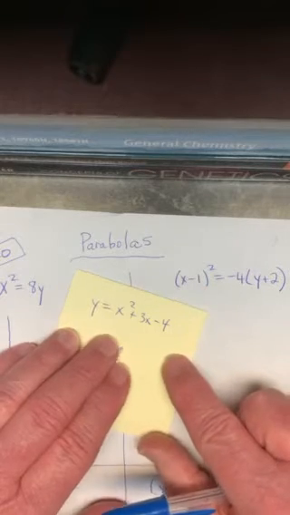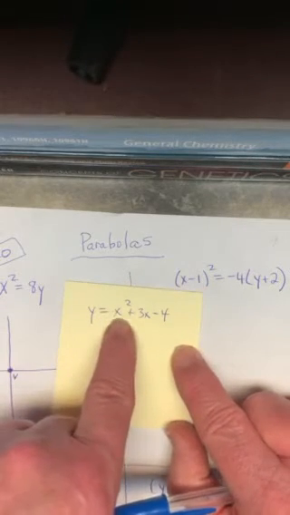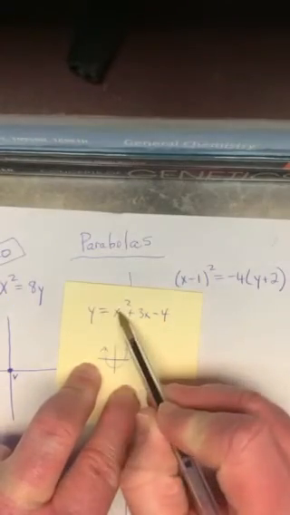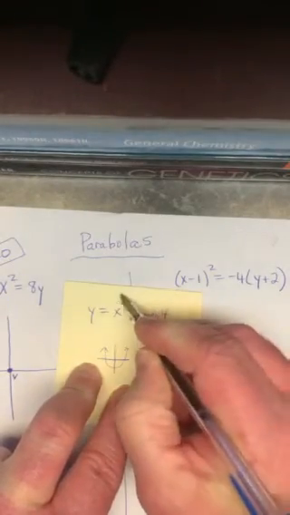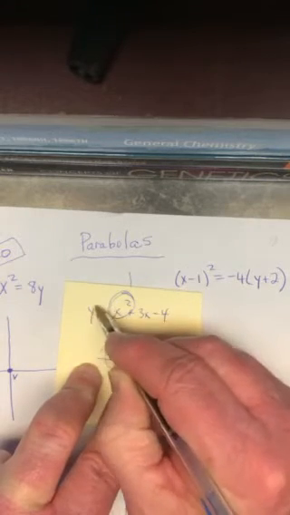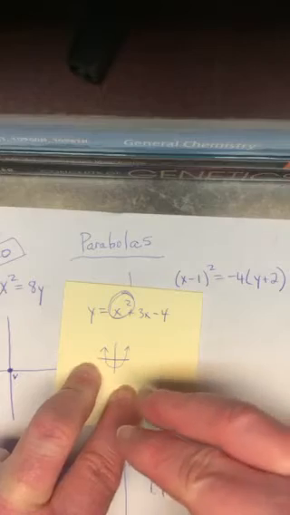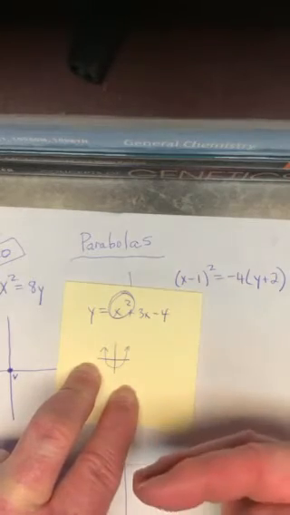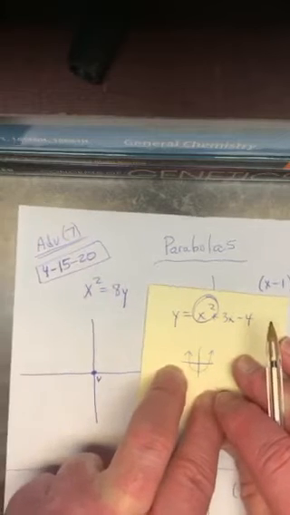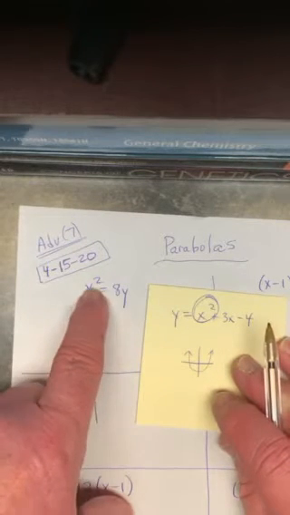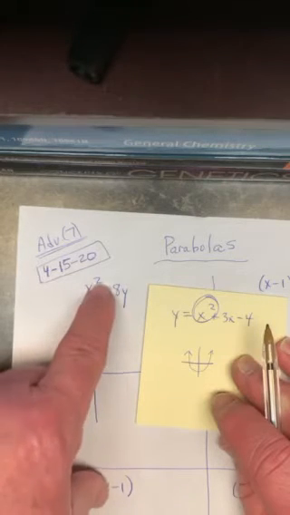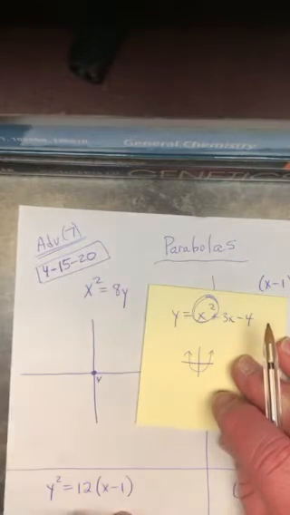Now, just like back in function form, remember when it said y equals x squared, when the x is the letter that's squared and the y is not squared, that was either a smiley or a frowny. It was opening either up or down. So my first teaching point, problem number one, guys, go ahead and write x squared equals 8y. The x is squared and the y is not squared.